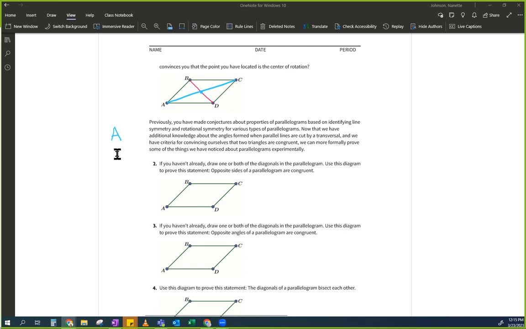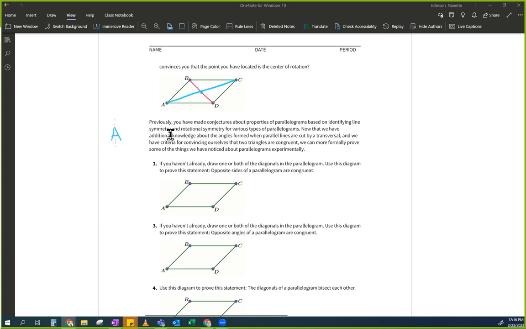Where would I draw the line? Down the middle, like this. If I folded it along that line, the left half looks like the right half. That's what a line of symmetry is.